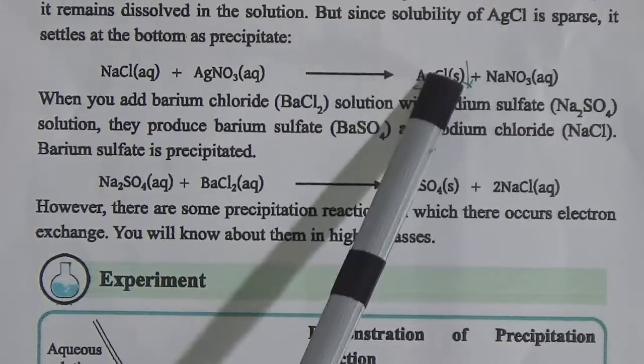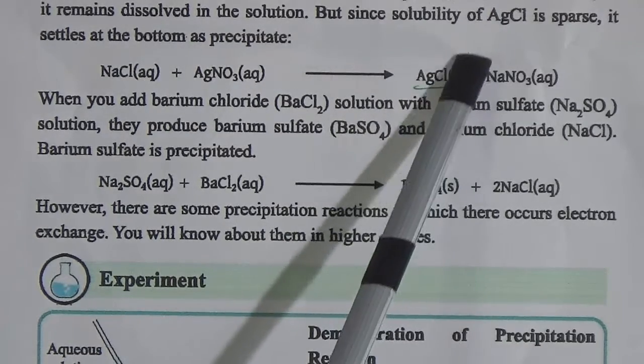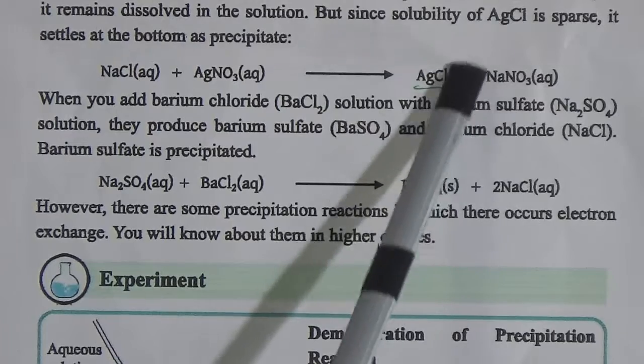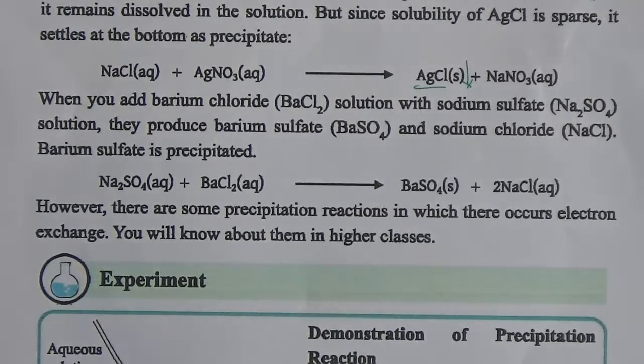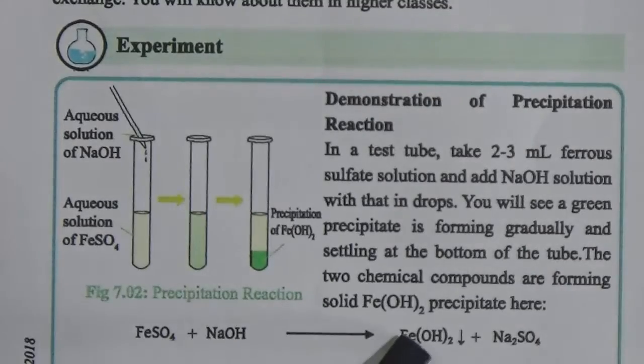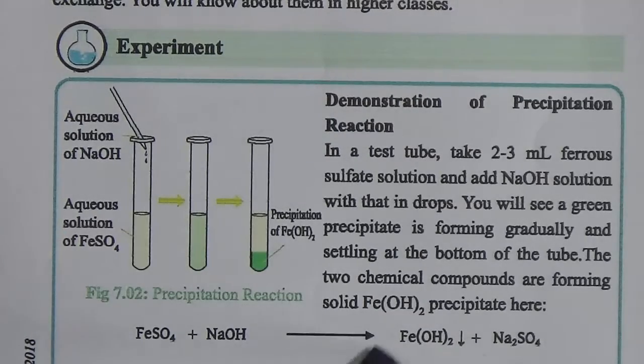after the precipitate product, which product will be the precipitate, we have to give an arrow which faces to the bottom. And look, ferrous sulfate reacts with sodium hydroxide to produce ferrous hydroxide and sodium sulfate. Here ferrous hydroxide is not as soluble as sodium sulfate.